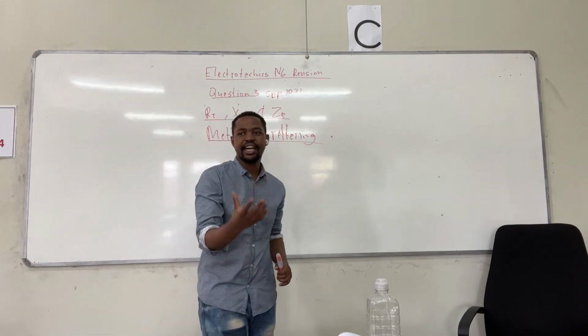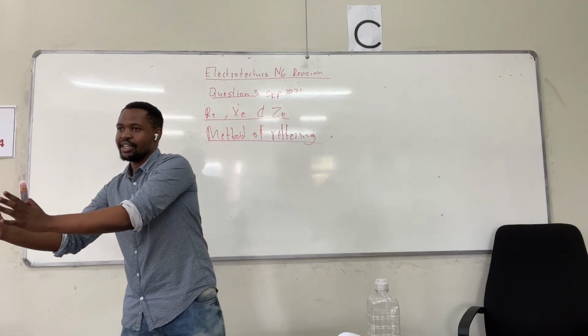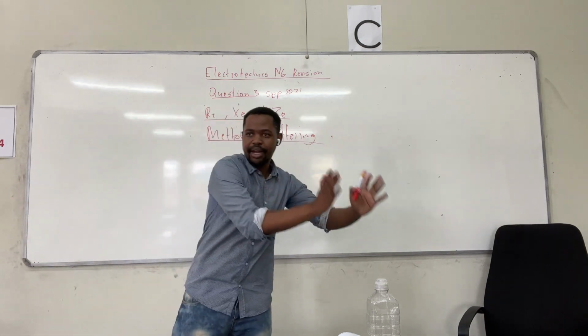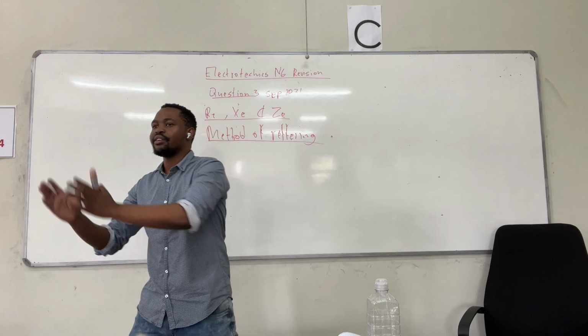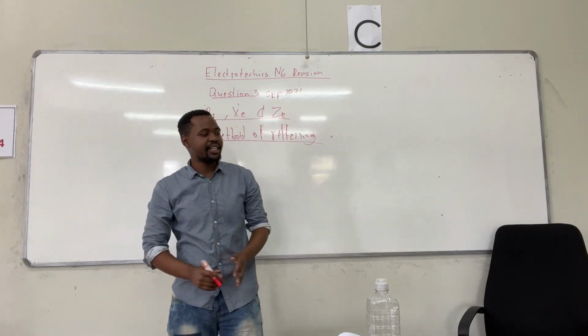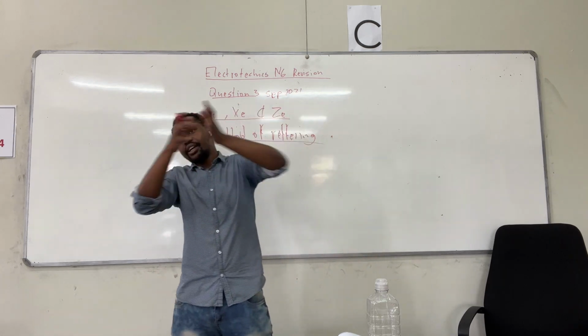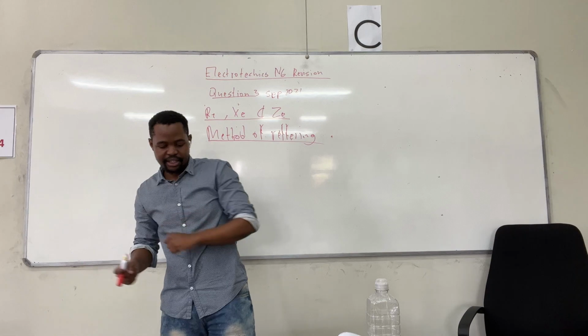Basically, what does it mean, guys? We can take the secondary winding and refer it to the primary winding. Or we can take the primary winding and refer it to the secondary winding.